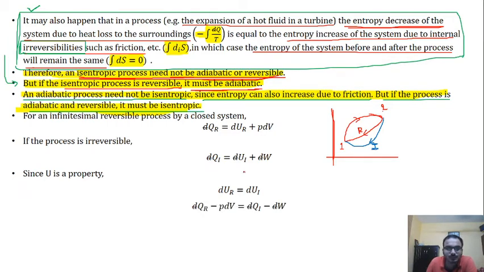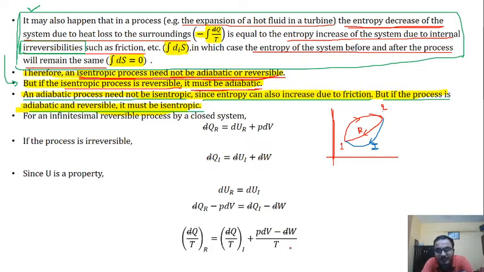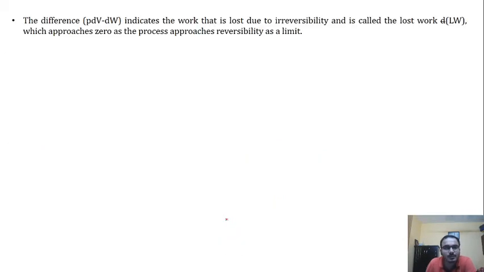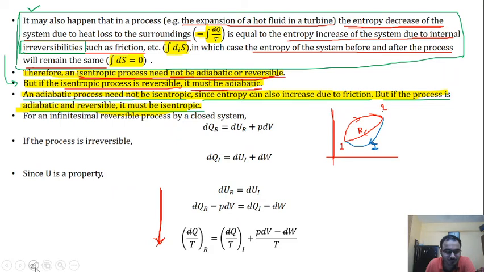Now, based on simple mathematics, we combine these three equations and we can write this. And dividing the entire equation by T, we can write this. This is very simple mathematics that we have done, and you should be able to do this by yourself. Now the difference P dV minus d cut W is over here. We are currently focusing on this part.